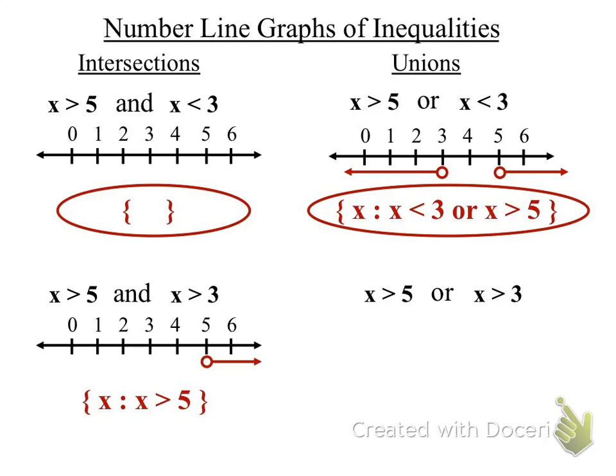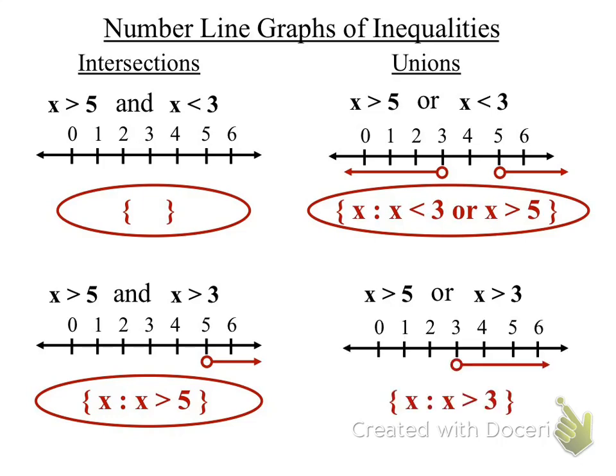But we need the combination where they're in common. Greater than 5 covers where they have the common. Does that make sense? And then the last one is where x is greater than 3 versus x is greater than 5, where the combination is x is greater than 3.